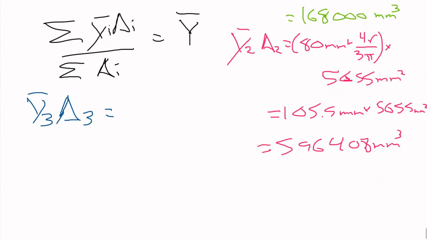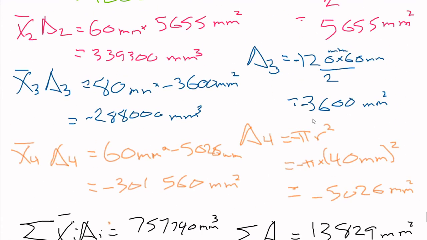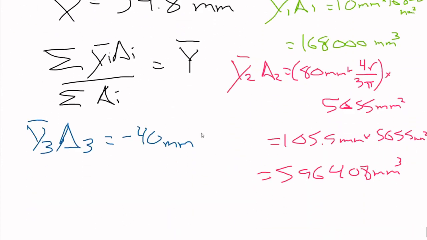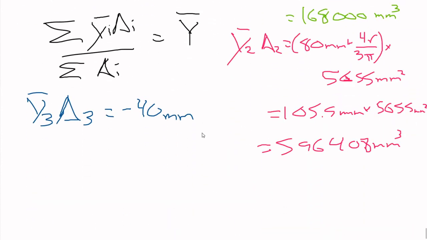So we've got a negative 40 millimeters, and we have our area, negative 3,600 millimeters squared.